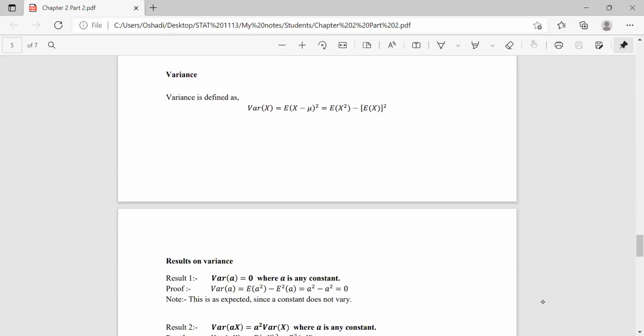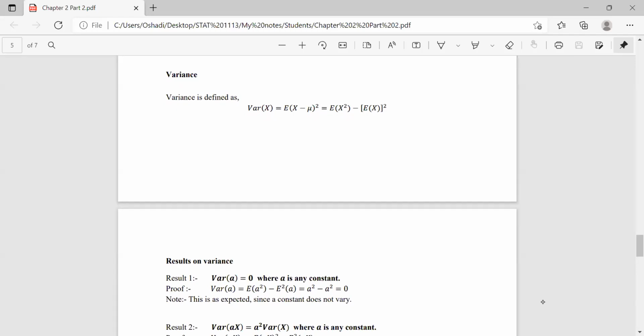Okay, that is about expected values, right? So another important property of a distribution is the variance. Variance of x is defined as the expected value of x minus mu, squared.